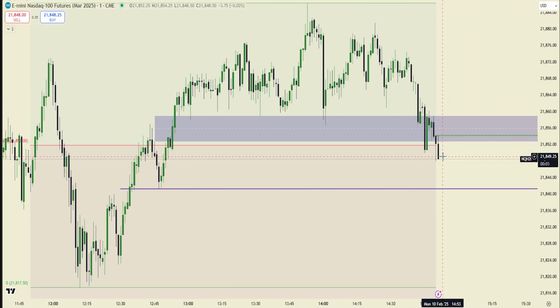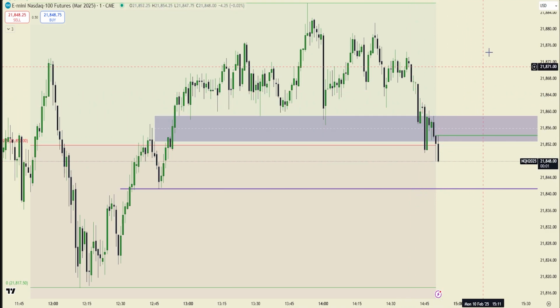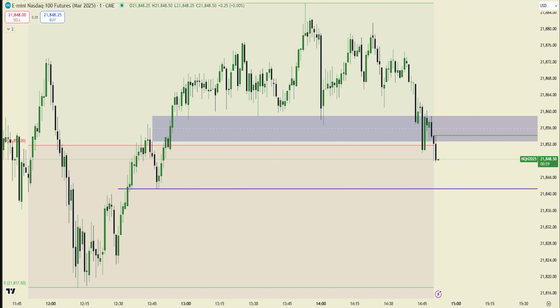So okay, it looks like we're going to get this 1 minute OB to the downside here. There's the close.